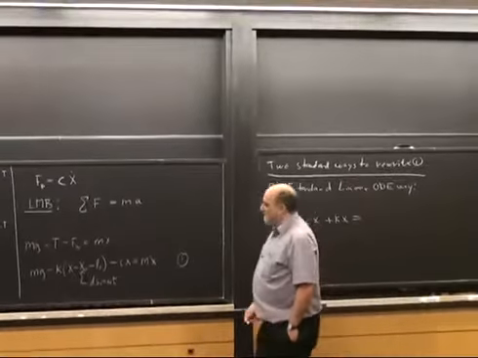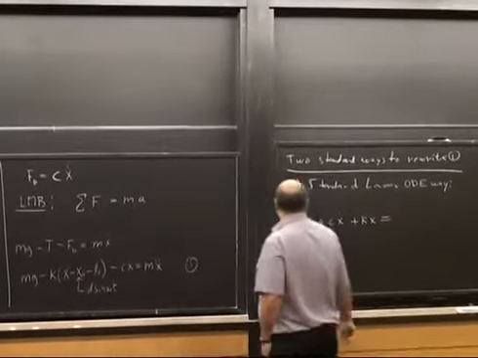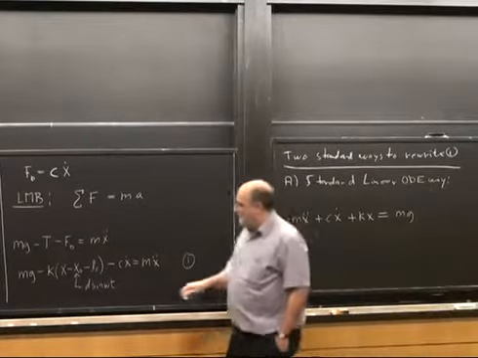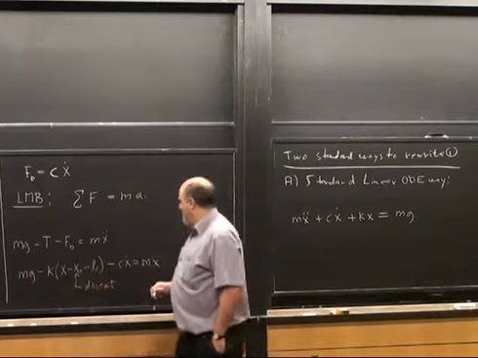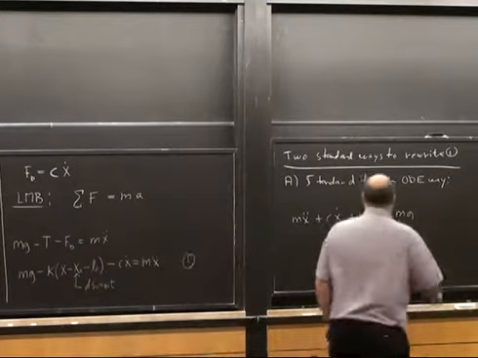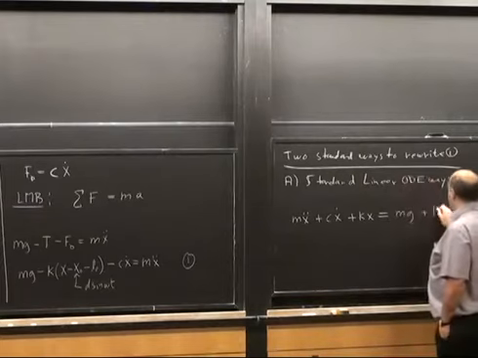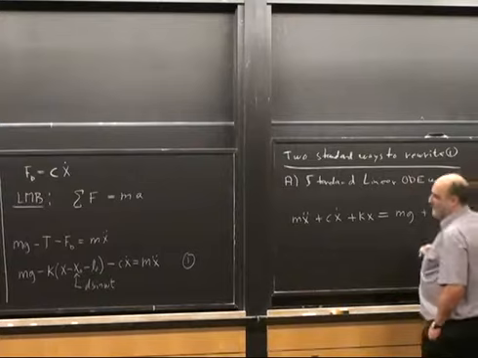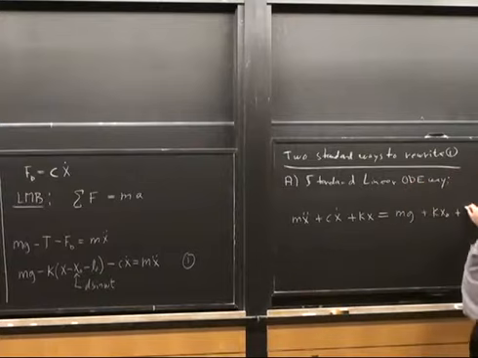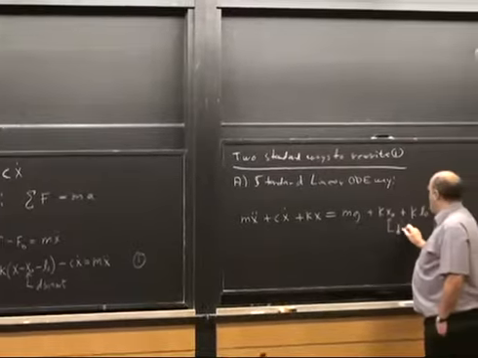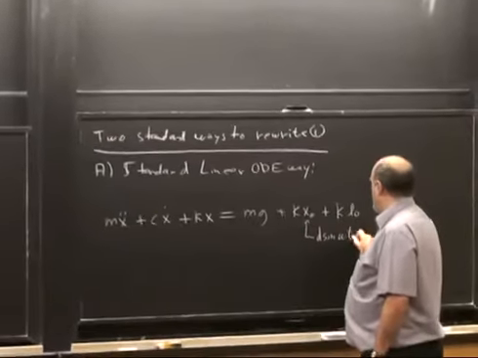And then we put all the other stuff on the right-hand side. What we have there is an mg. Now I'm still missing this kx0. So I have plus kx0, and I also have plus kL0. And this one, remember, was d sine omega t.